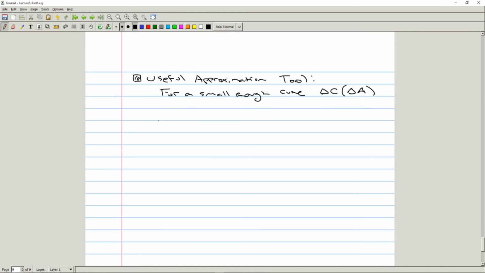We have here that the curl of the vector field F dot n at the point r is just approximately equal to, because the limit is as delta A and delta C go to 0, but if they're small enough, then this value, the curl of F at a point, is going to be approximately equal to the circulation integral over delta C of F dot dr divided by delta A.